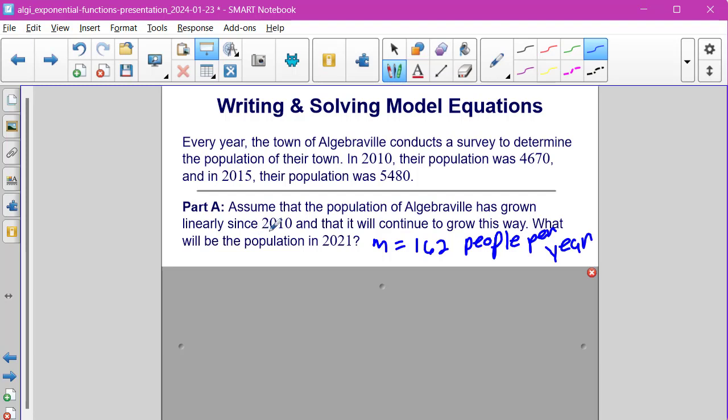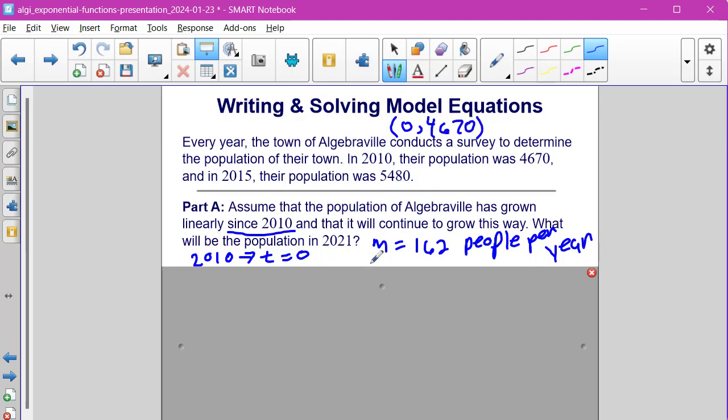Now, the next step will be to find the y-intercept. There's another key piece of information in this first sentence. It's growing linearly since 2010. So in 2010, our time value, or our x value, we could either use x or t, is equal to 0. Therefore, our first initial point, 2010, 4,670, can be written as the ordered pair 0, 4,670.